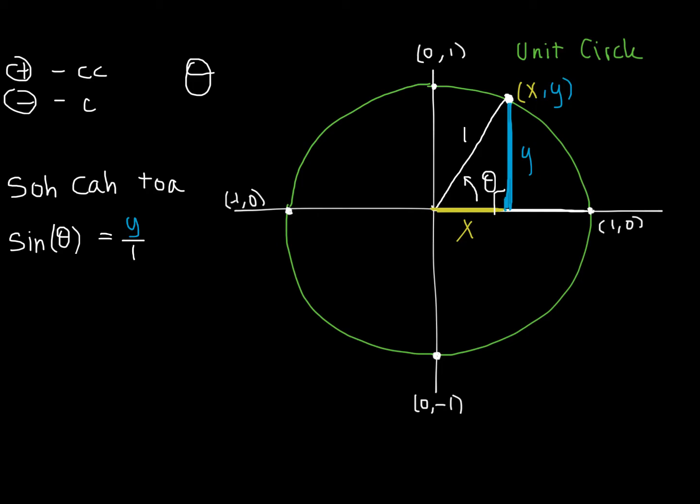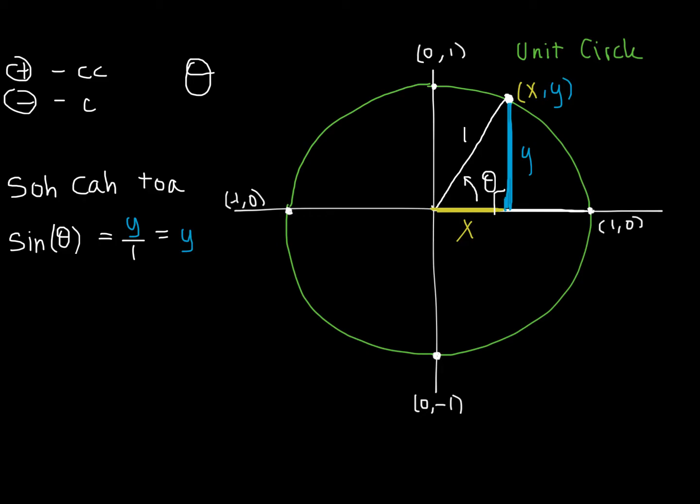Well, what is anything divided by 1? It's just going to be that something. And so the sine of theta is the value of y. Remember, the sine is the opposite over the hypotenuse, and so the sine of theta is y.